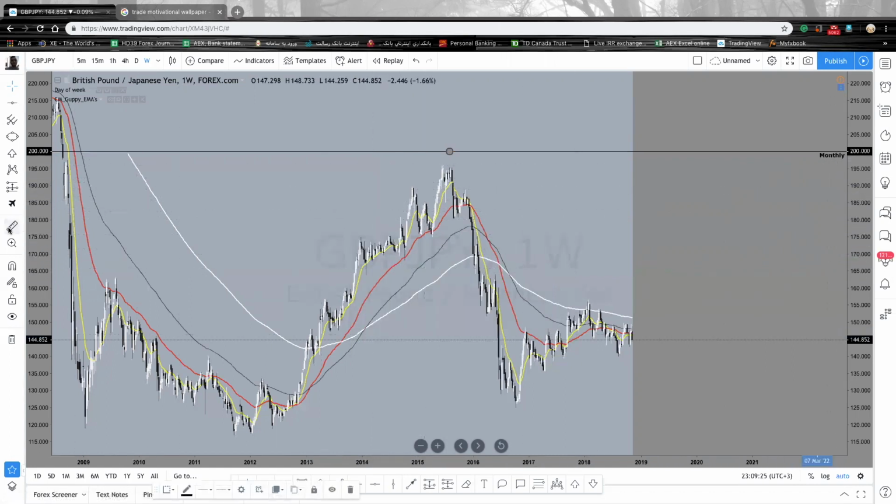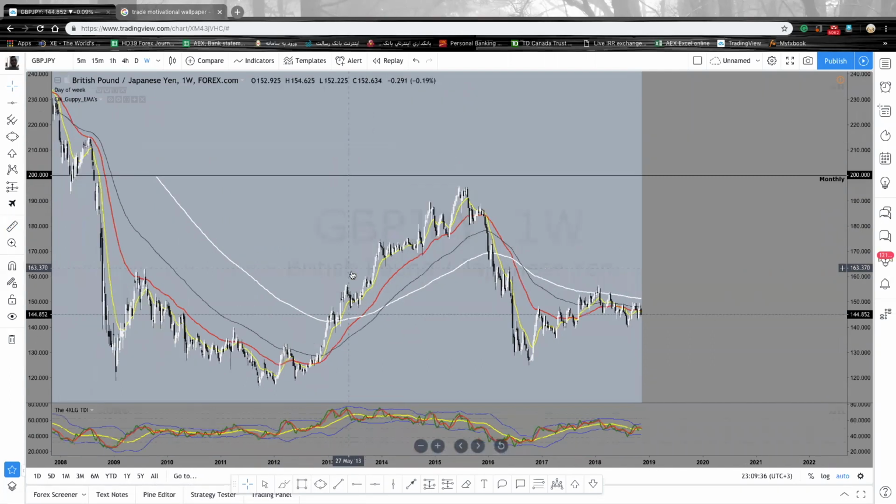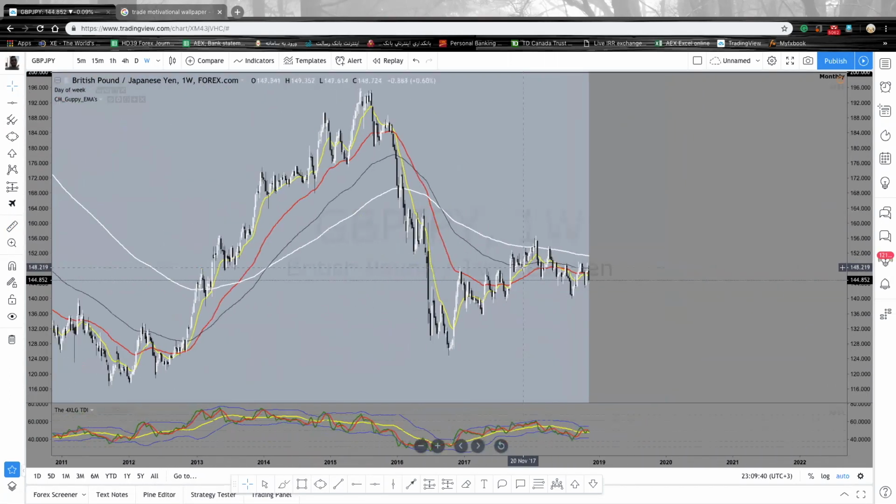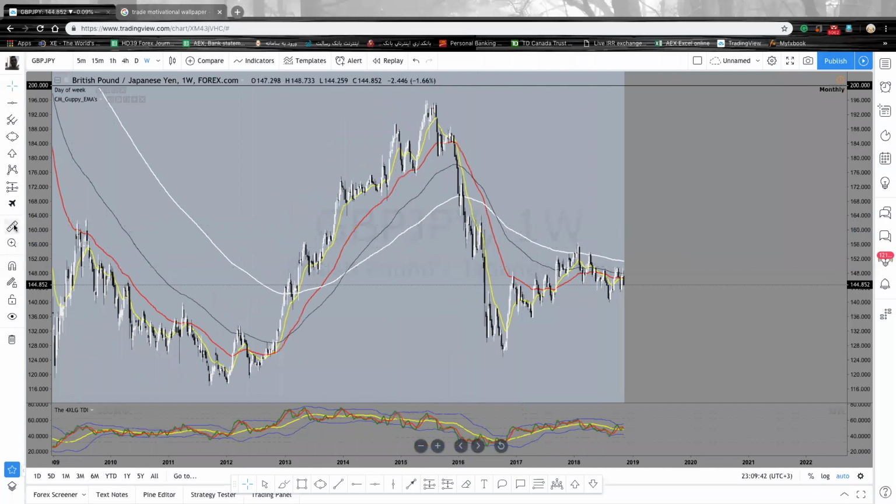And then 1000 pips from this monthly is gonna be here, which is 190.